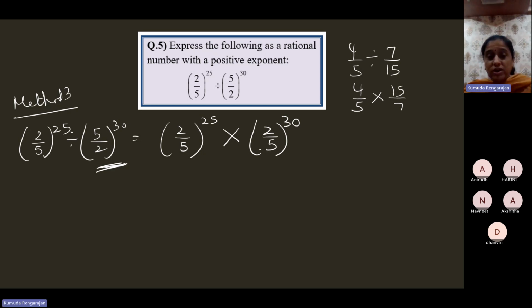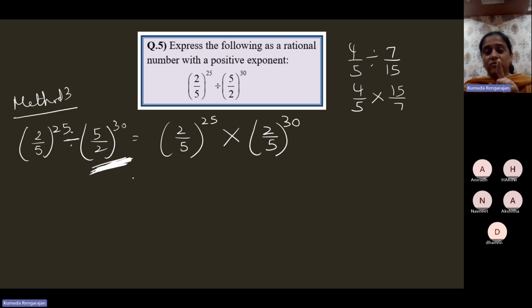Now here you have to write the reciprocal because you have changed the division symbol to multiplication. So you should not write the equivalent of this. You should write the reciprocal of this. Always we'll write equivalent only. We'll not write reciprocal. But here, because you've changed the division sign to multiplication, you have to write the reciprocal of this one. And to write the reciprocal, we have two ways.